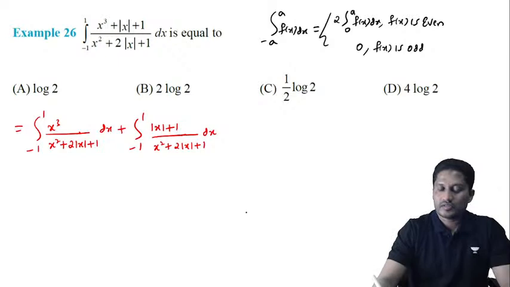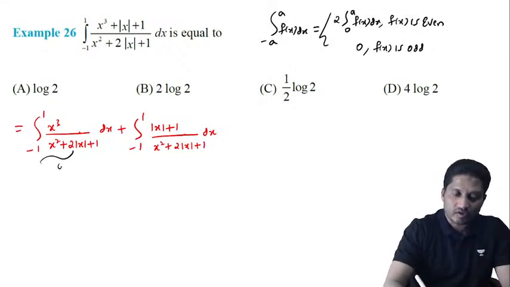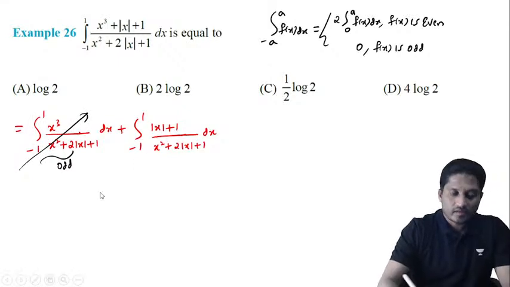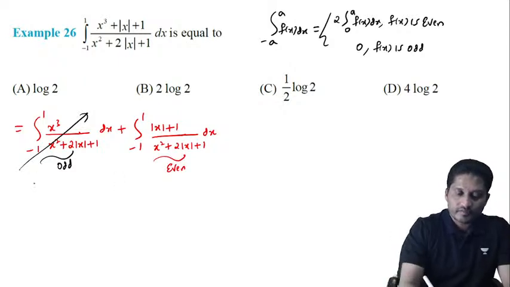So if this is an odd function, this fellow will be 0. Alright, minus 1 to plus 1 is an even function. I can write this as 2 times the integral of 0 to 1.